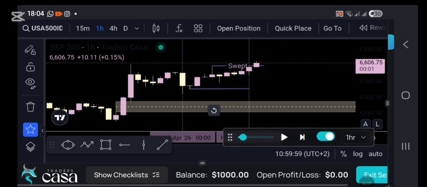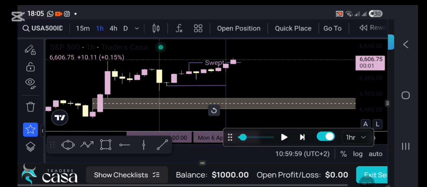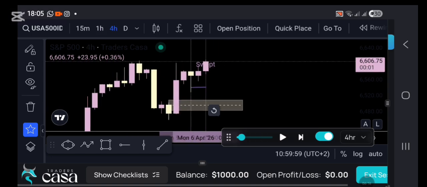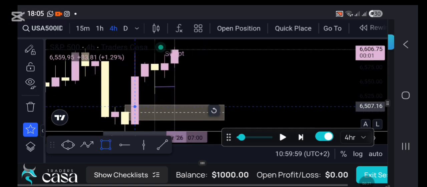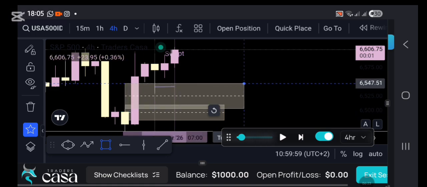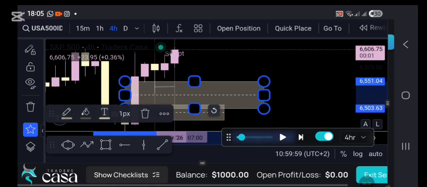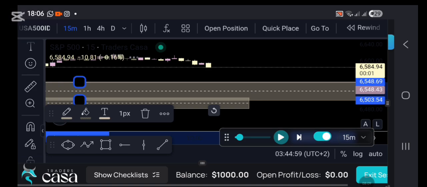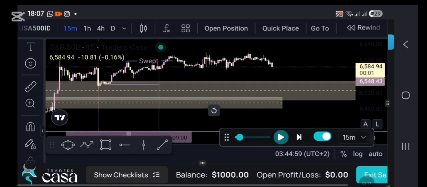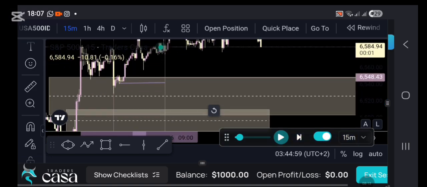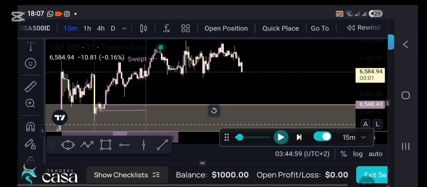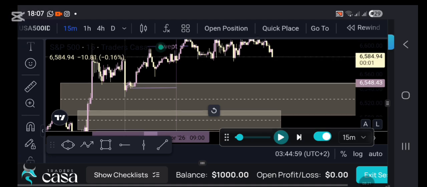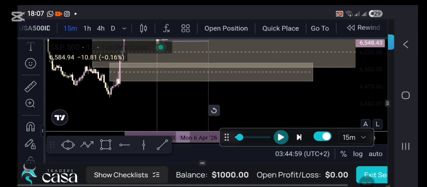So then the next step is we're gonna go on the 4 hour. On the 4 hour, we're gonna simply look for a fair value gap. As you can see, this fair value gap right here has already been tapped in, but let's go towards the 15-minute, and we're just going to see what aligns.